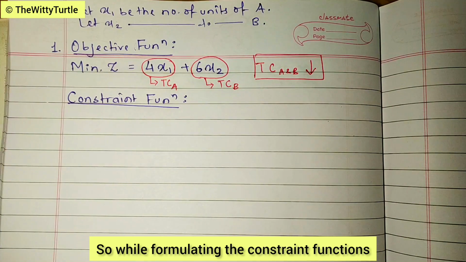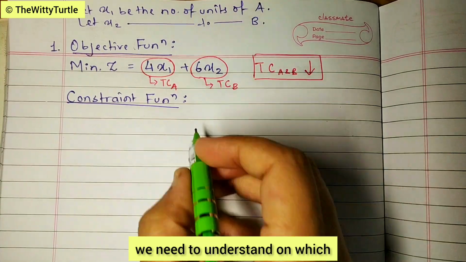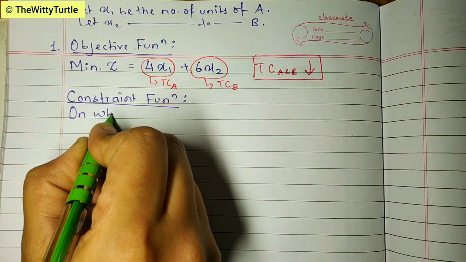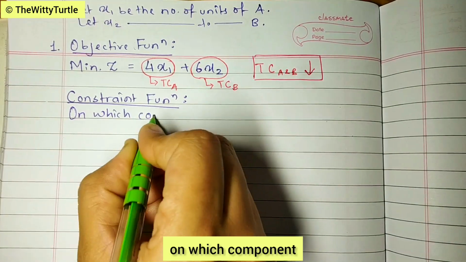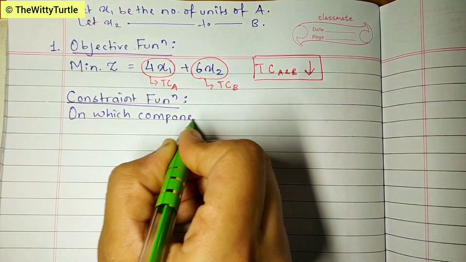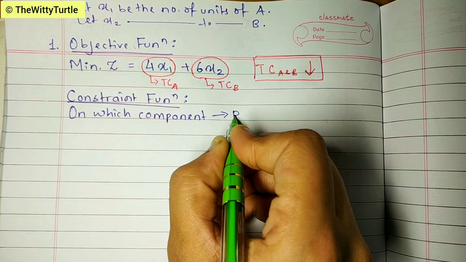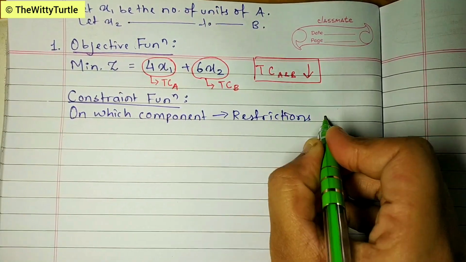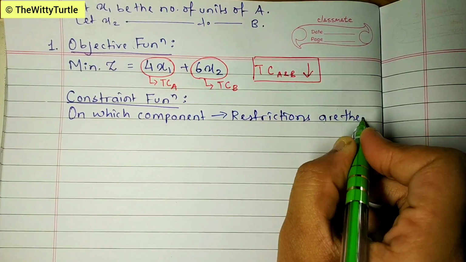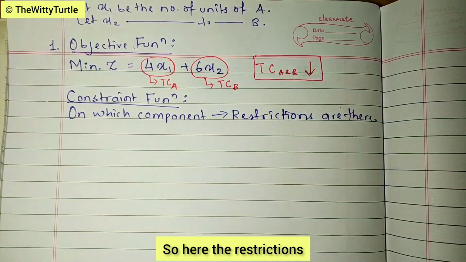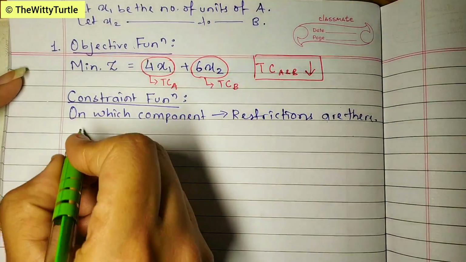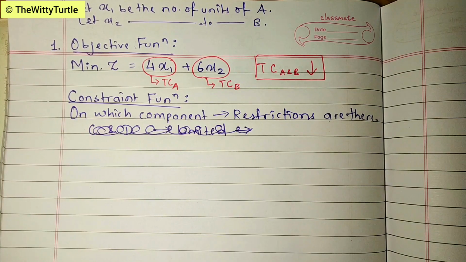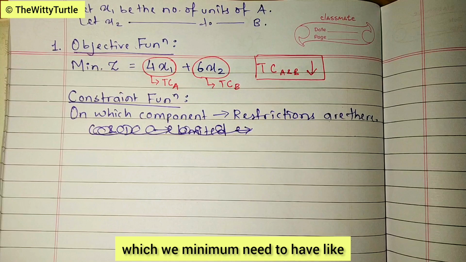So while formulating the constraint functions, we need to understand on which component restrictions are there. So here the restrictions or the limitations are on what is the amount of C and D ingredients both, which we minimum need to have?